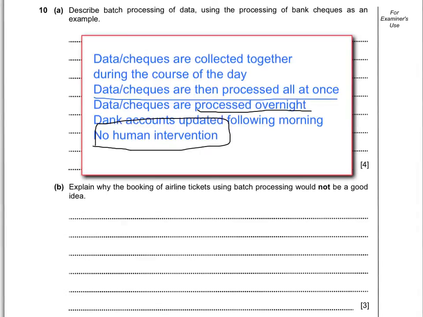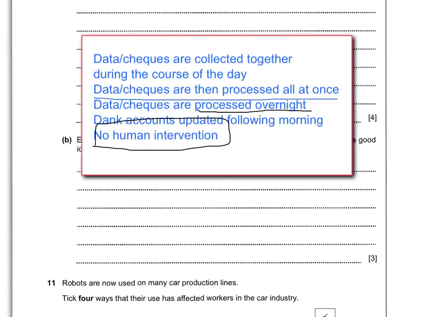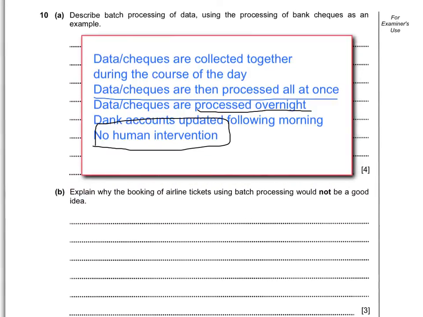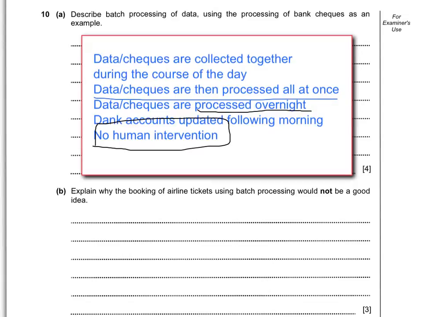Looking at the next question, for 3 marks, we have: explain why the booking of online tickets using batch processing would not be a good idea.